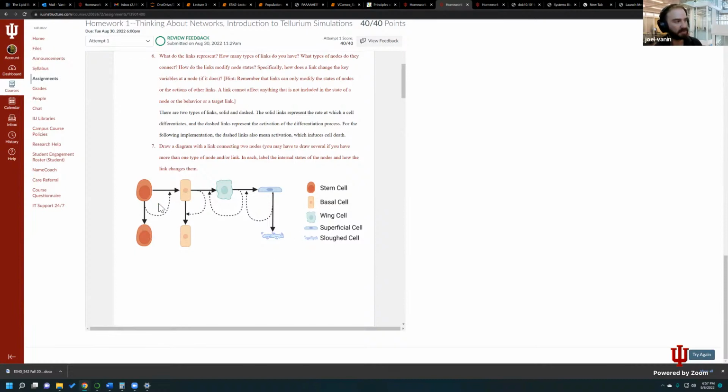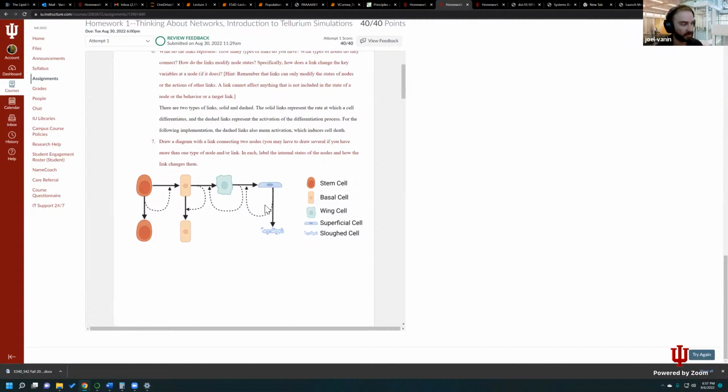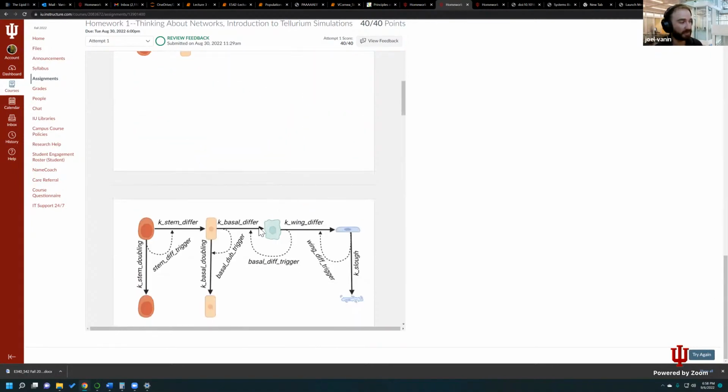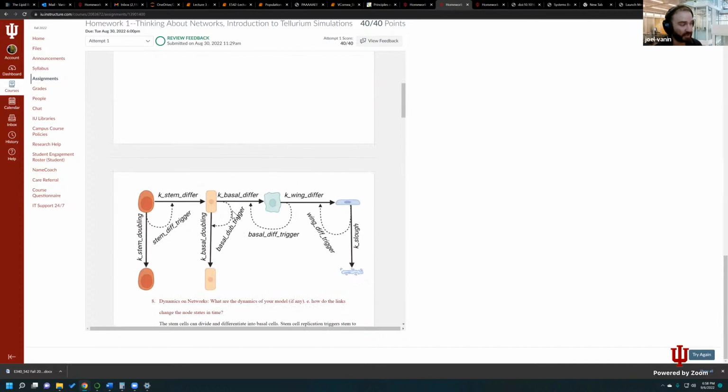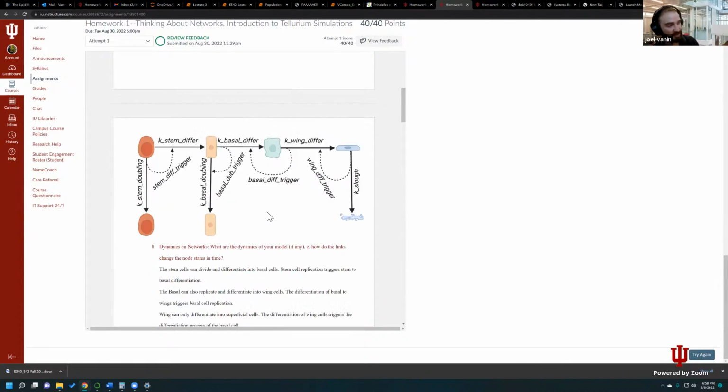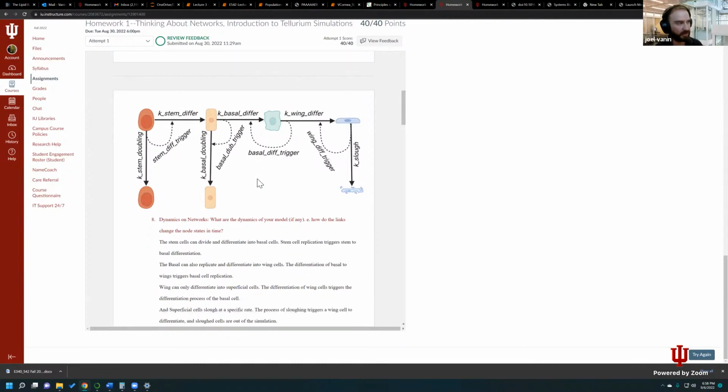The system follows a differentiation from a stem cell to basal, then to wing, and then wing to superficial cells. Since this is not a spatial model, we cannot say that if you're in this area, you're this type of cell. But basically, that's how it happens.